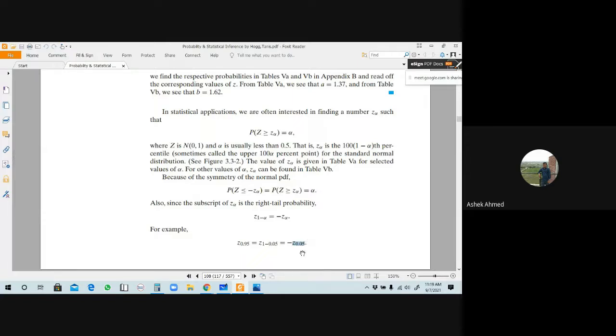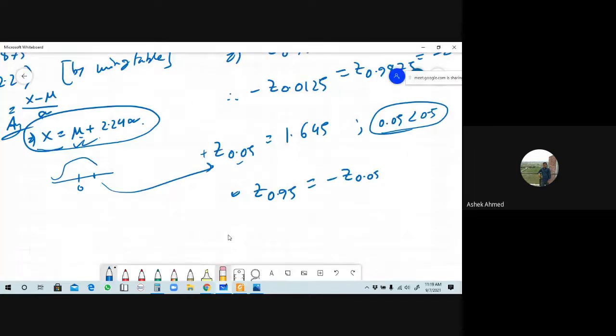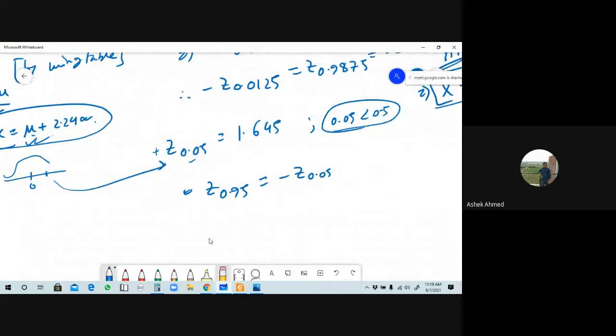Okay, now if you substitute the value of z suffix 0.05, which is 1.645, the value of minus z suffix 0.05 will be minus 1.645.